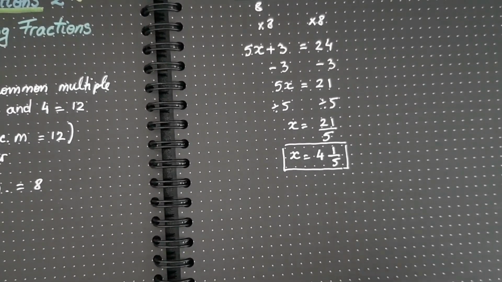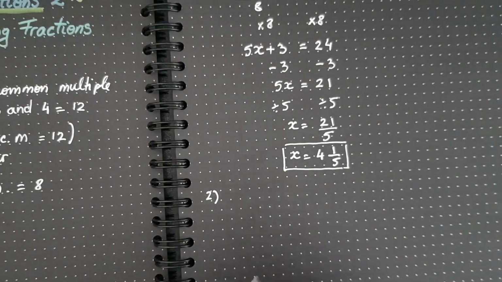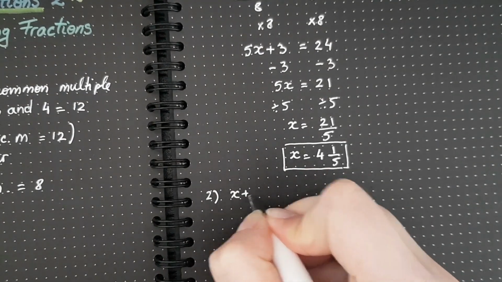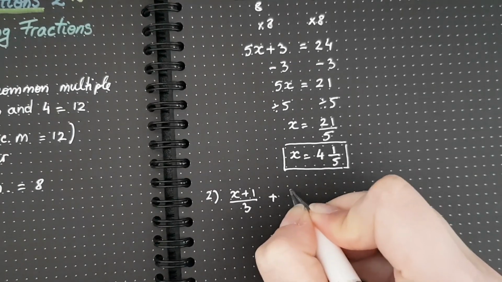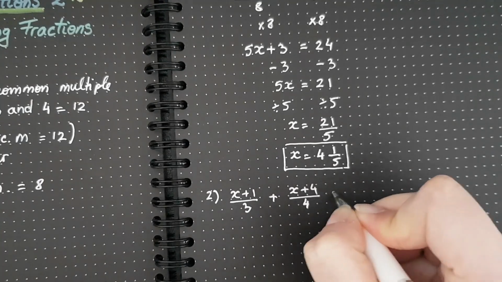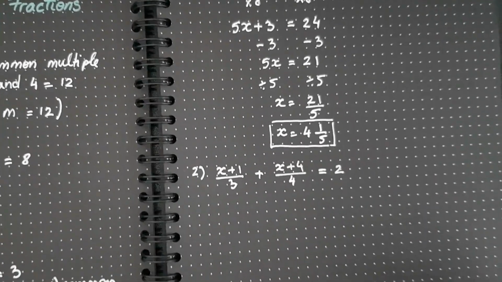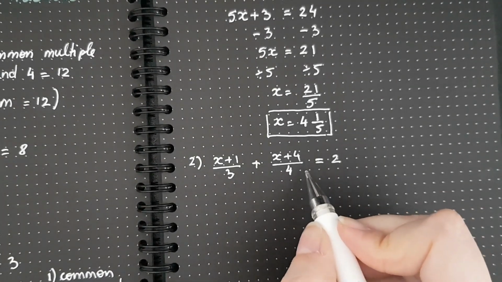So it's quite straightforward, I think, if you are okay with subtracting fractions. Now I want to do one with adding fractions as well. So I'm going to go with x plus 1 over 3 plus x plus 4 over 4 equals 2. And I'm going to go a little bit faster with this one. Again, we need a common denominator.